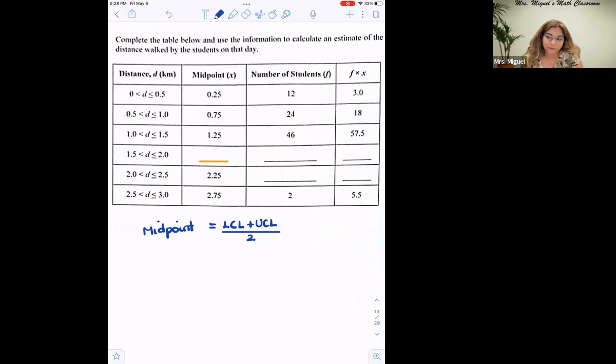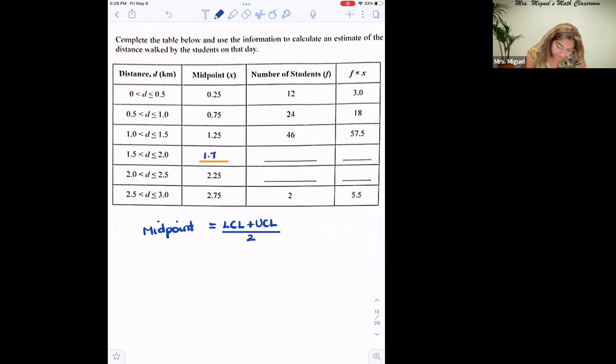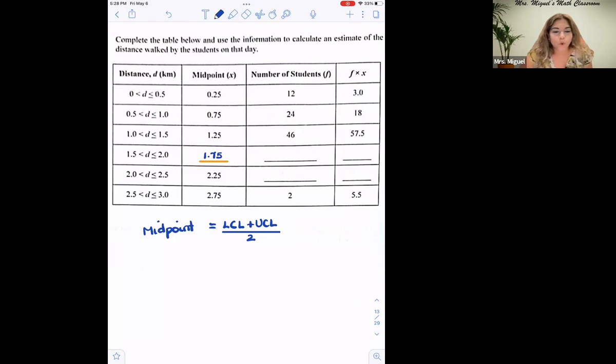All right, who has an answer? 1.75, Miss. Now, even if you didn't know what to do, some of the values are given.